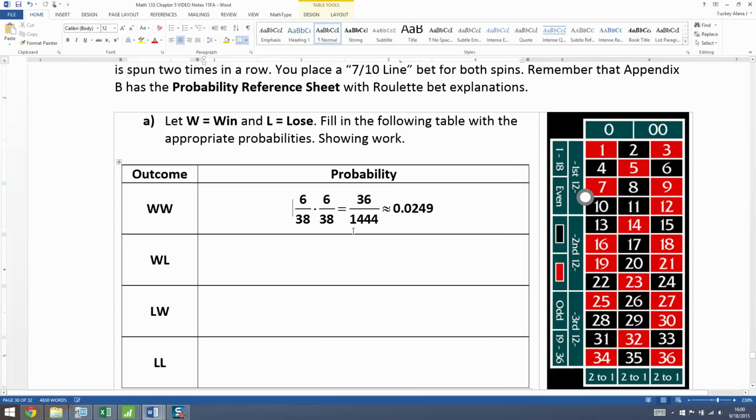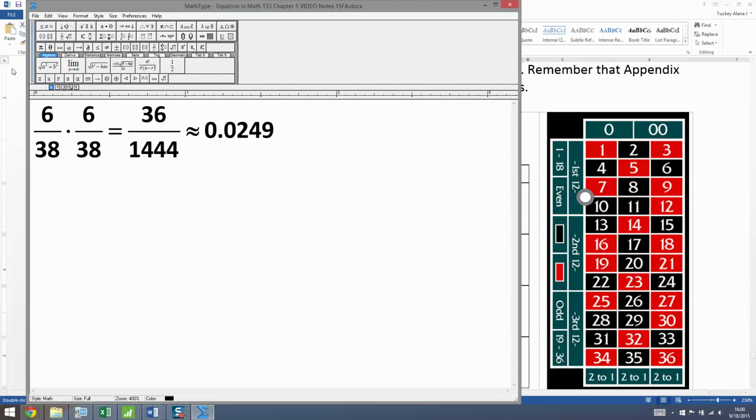Now we're going to do it again, but for winning and losing. The chance you win on the first spin is 6 out of 38. Now the chance you lose: there are 6 numbers you could win on, but there are 38 numbers total. That means you would lose on 32 of them, because 32 and 6 makes 38. In other words, there are 6 winners and 32 losers.